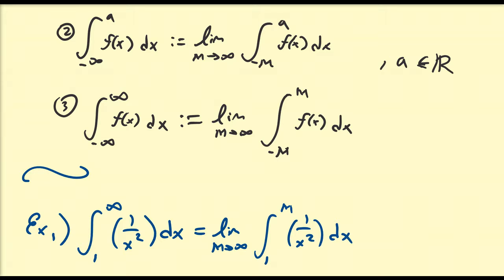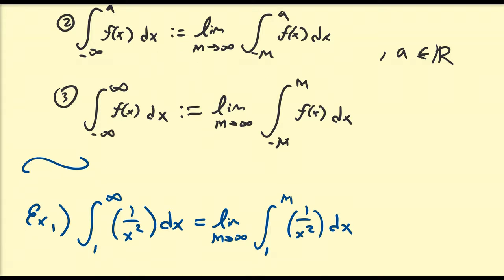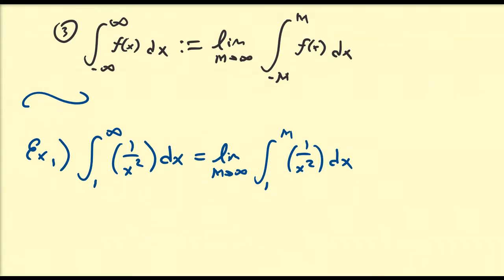Remember that 1 over x squared is a continuous function on the interval 1 to infinity, so this definition still applies. As long as this interval doesn't include 0, we won't have any issues. But if it does include 0, either at the endpoint or to the left of it, then you cannot apply this method.